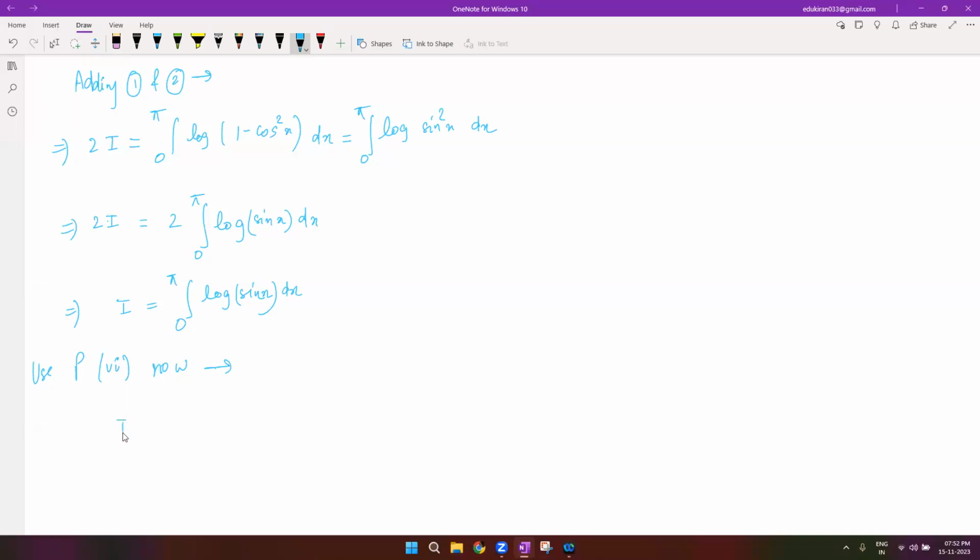So property 6 says, for the integral from 0 to 2a of f(x) dx, you can write this as the integral from 0 to a of f(x) dx plus the integral from 0 to a of f of 2a minus x dx.